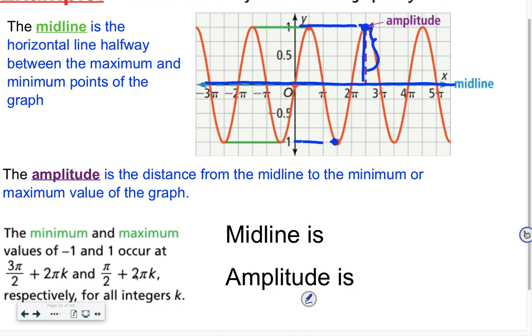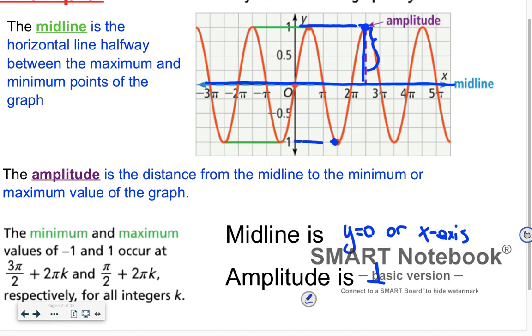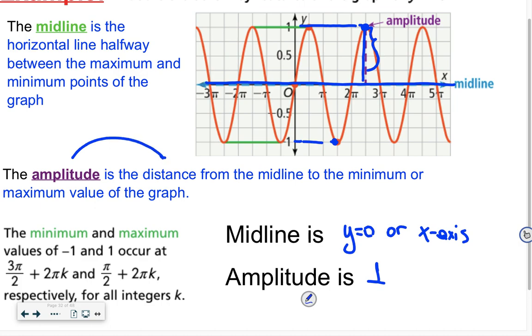So your midline is y is equal to 0, or the x-axis, and your amplitude is just 1. And be careful, amplitude cannot be negative. Why? Because amplitude is the distance from the midline to the minimum or maximum value.